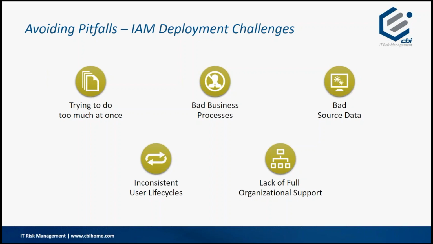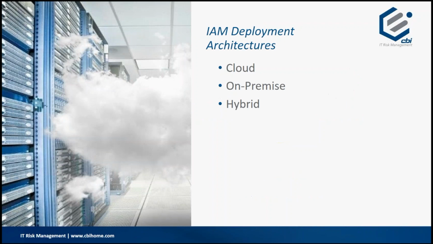We handle retirees in this case. Some retirees get this, some retirees get this. We don't have any rules in between. It's more ad hoc. There needs to be some sort of structured rules in the organization to make this effective. And probably a big one, of course, is that lack of full organization support. You need to have that support across the organization in order to be successful with these solutions.